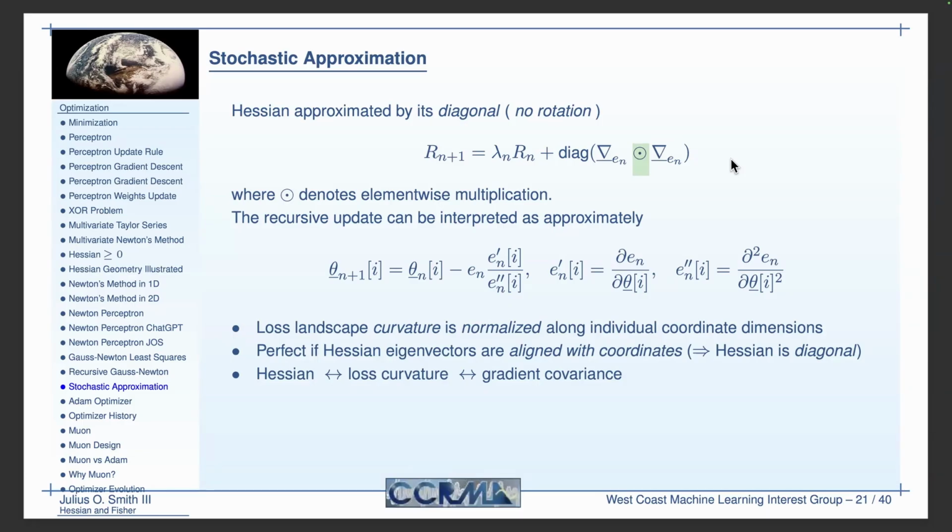So, Julius, at the risk of stating the obvious, we can normalize our inputs to a neural network, but once we have a deep neural network, then we no longer know whether intermediate values are all going to be well normalized, and so that poses a challenge. Absolutely. But we see, in the history of deep learning, a lot of progress has been made by adding normalization.